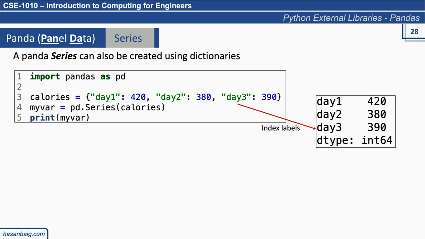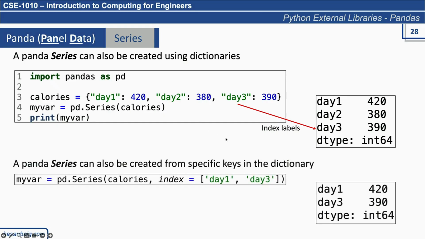I can create a subset by specifying what key values I want. Here in the index, we can specify day 1 or maybe day 3, and it will create a series based on only those key values. Out of 100 plus students, I can specify which students' data I want to extract, by specifying the names of the students, and it will print it out.